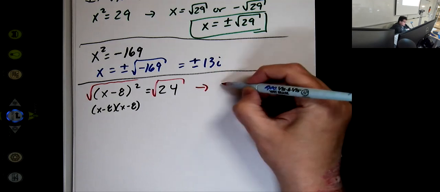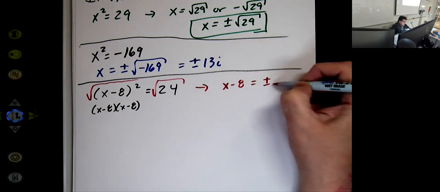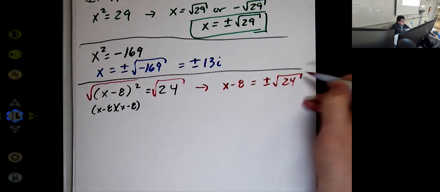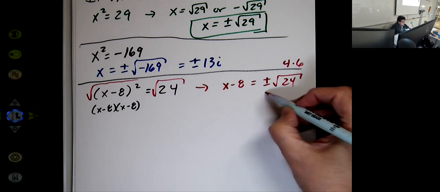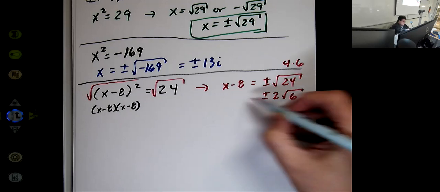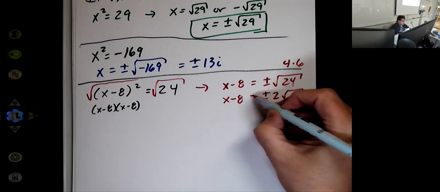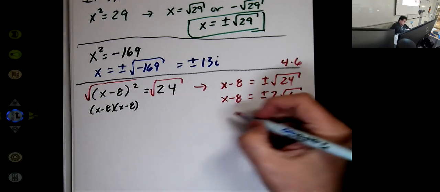The square root of the left is x minus 8. The square root of the right is plus or minus the square root of 24. 24 is 4 times 6, so that'll be plus or minus 2 root 6. And now if I want to get x by itself, I just add 8 to both sides.